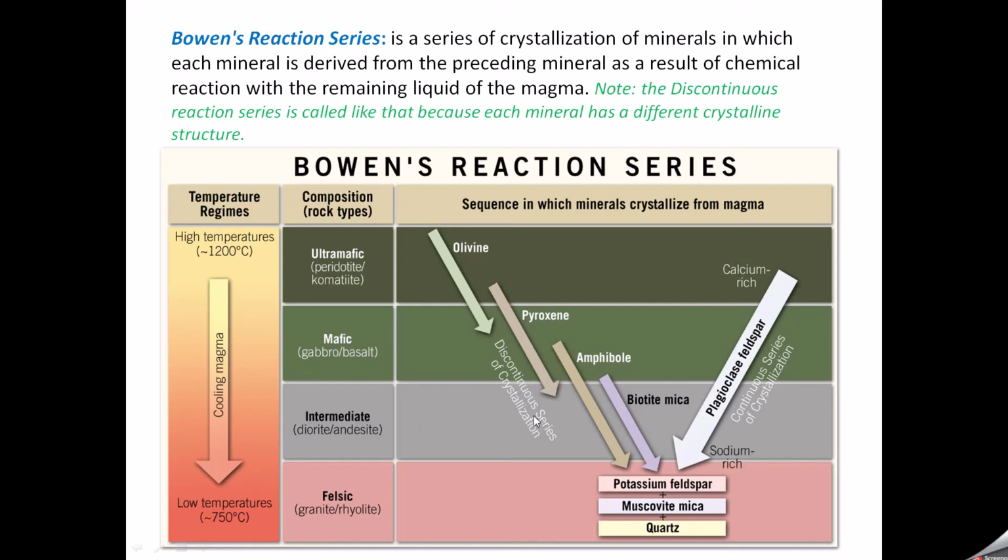Intermediate rocks are enriched in sodium feldspar, biotite, amphibole, and pyroxene, and form diorite and andesite, of lighter color. Then felsic granitic rocks are very rich in quartz, muscovite, potassium feldspar, and they have some mica, biotite, and some sodium in their chemical composition. So this is the main idea of Bowen's reaction series.